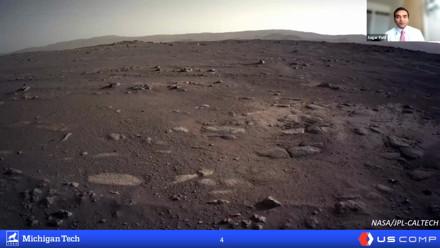The slide shows an image of the Mars surface taken by one of the NASA rovers, which is a machine. In recent years, manned missions to Mars and deep space exploration have grabbed a lot of attention from the public, researchers from universities, industries, and space agencies like NASA and SpaceX, which is quite evident from the news outlets.